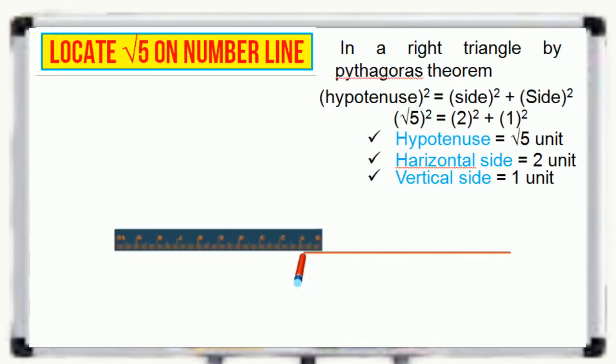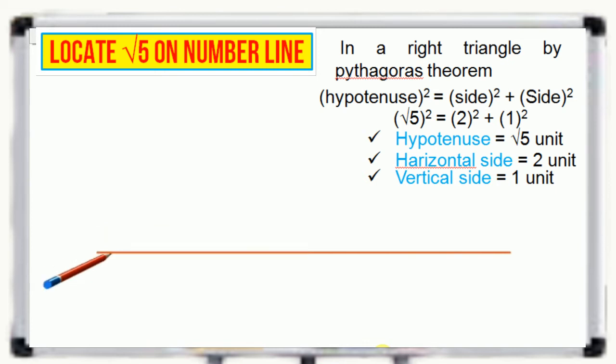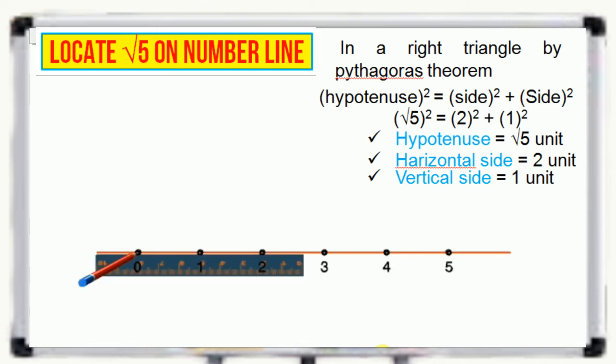Draw a number line with the use of a ruler. Take only the positive side of the number line. By dividing the number line into equal parts, you have to write 0, 1, 2, 3, 4, 5 like that. Then draw a horizontal line of 2 units from 0.